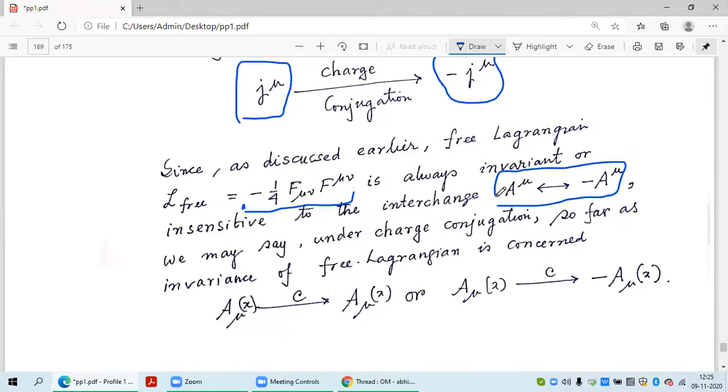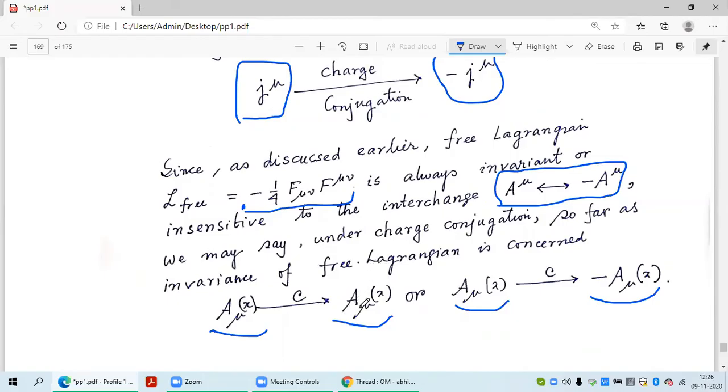This fact you can write in this way also if you wish. Under charge conjugation, A mu of x either remains invariant or it can change to a minus of this. It is real, so no star will be there, but even if it changes minus sign, you can't distinguish between the Lagrangians. That satisfies the fact that the photon will be its own antiparticle.